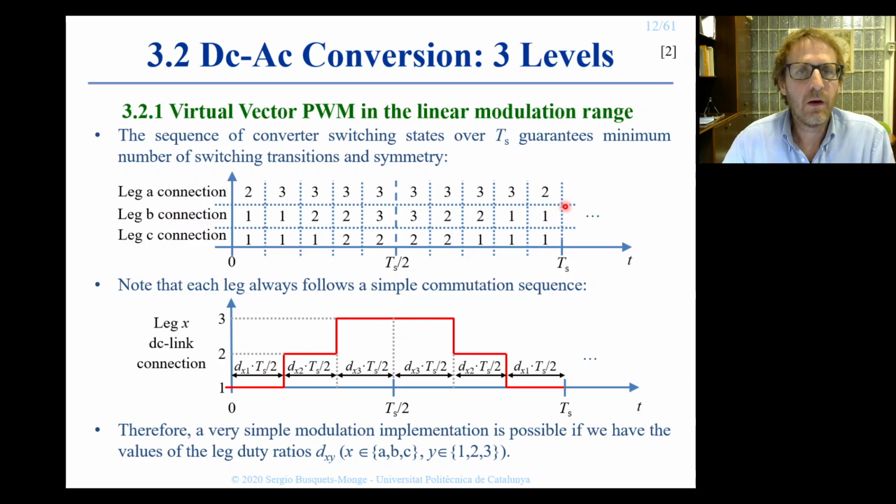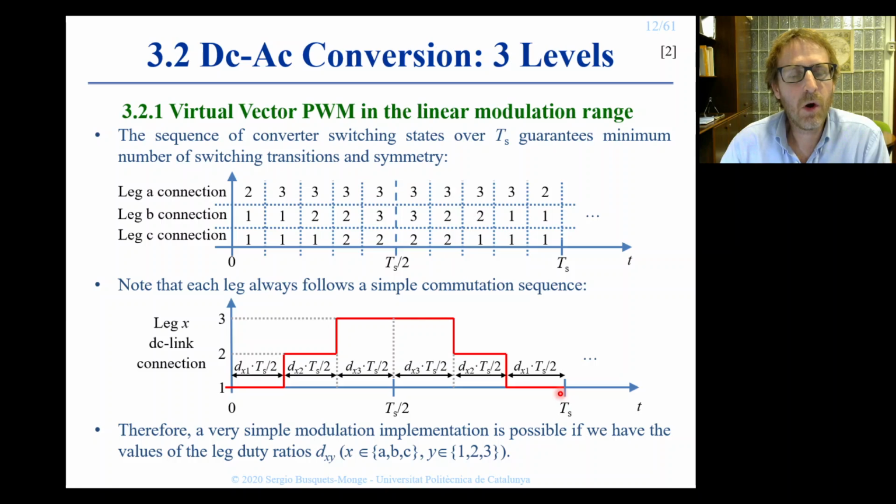And once we order the converter switching states this way, we can note that each leg follows the same switching sequence. If we look into each leg, we will see that they start connecting to point 1, then they move to connect to point 2, and then they move to connect to point 3, and then we have the reverse sequence.